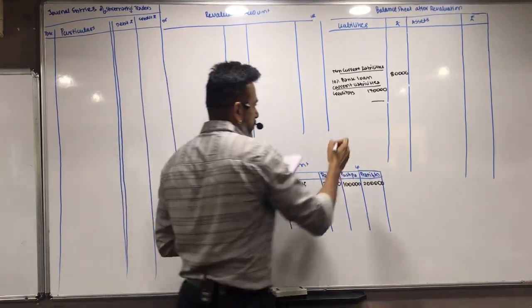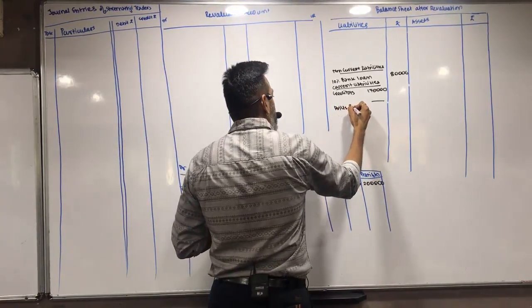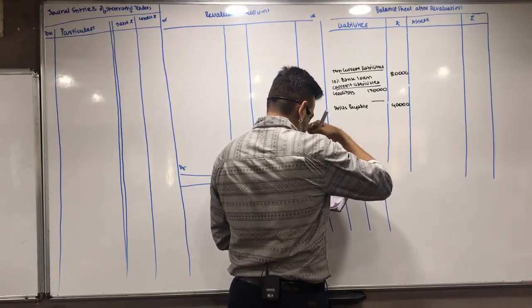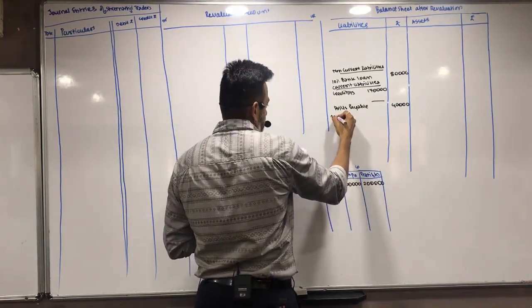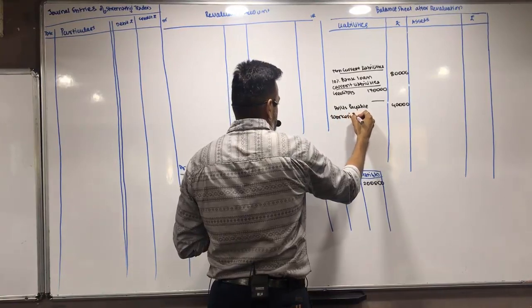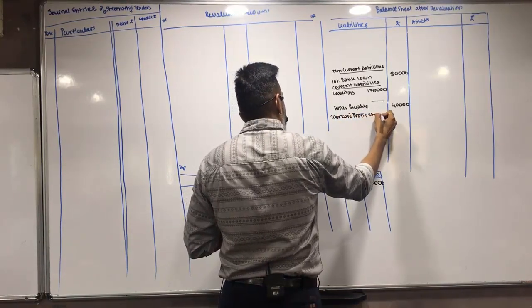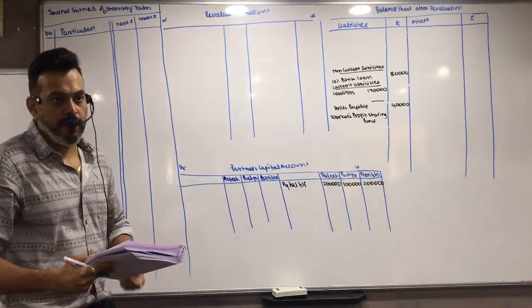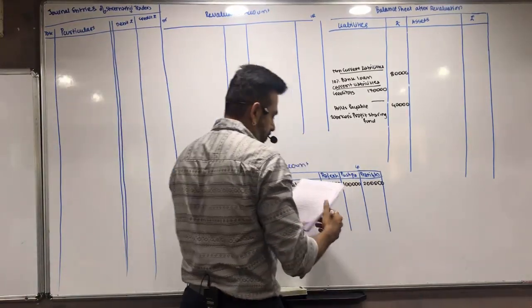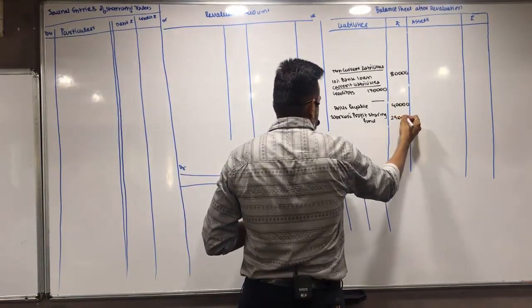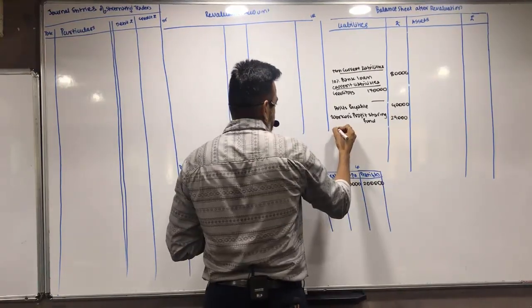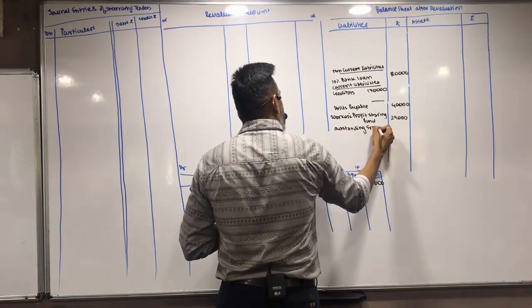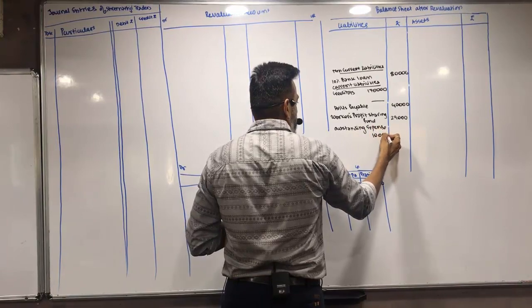Bills payable 40,000. Workers profit sharing fund. Important for exam. For 3 marks in this chapter, you may get some journal entries based on this concept as well. 29,000. Outstanding expense, inner column 10,000.